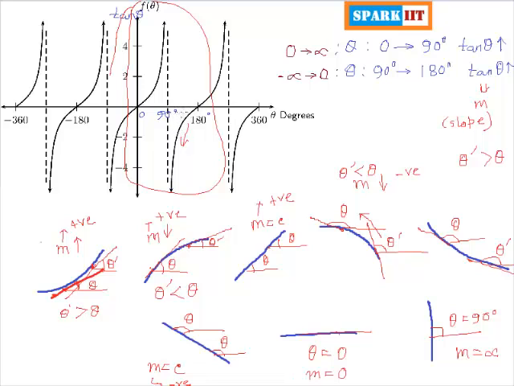The angle is increasing, so tan theta is also increasing, or slope is increasing, and it is negative. Okay, so keep these points in mind for the next slide.